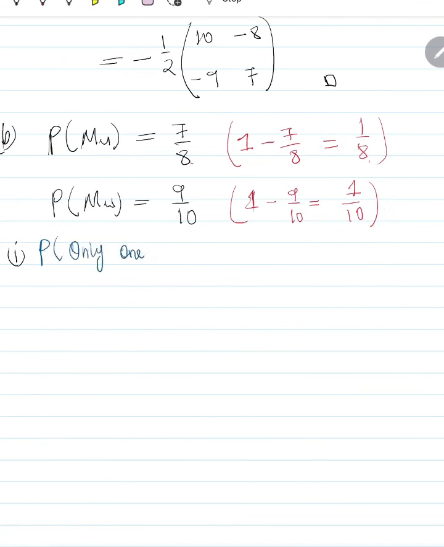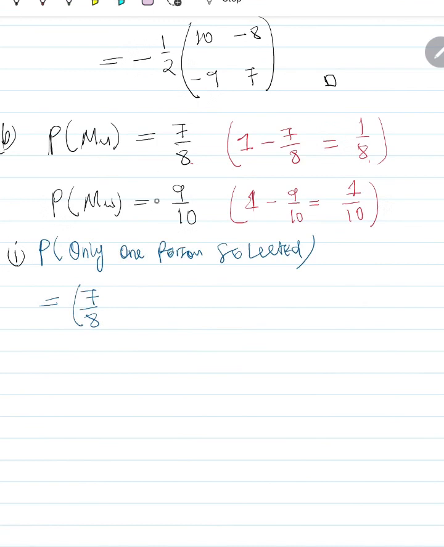Now we want the probability that only one person is selected. Okay, so this will be given by, remember the first event is that Mutola is selected, which is 7/8. Then you multiply by the probability of Mwaba not being selected. Okay, so what we mean is very simple.